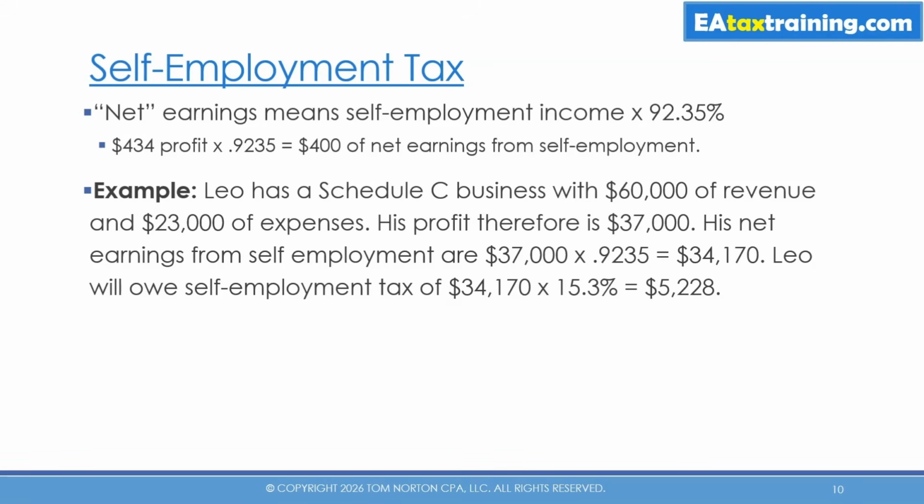Because it's a sole proprietorship, we don't have salary. We're not deducting that employer's share on Schedule C. So multiplying by 92.35% makes up for that. In any case, this is how you do the calculation. You should know how to do that for the exam.